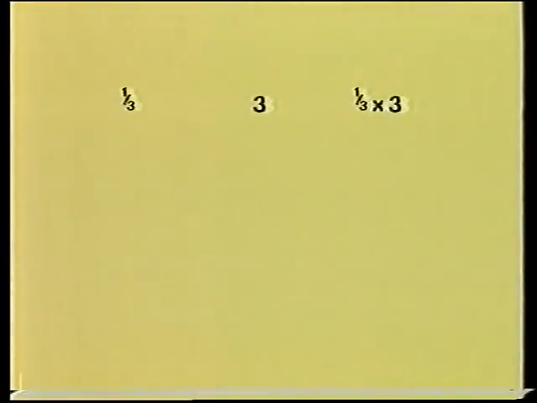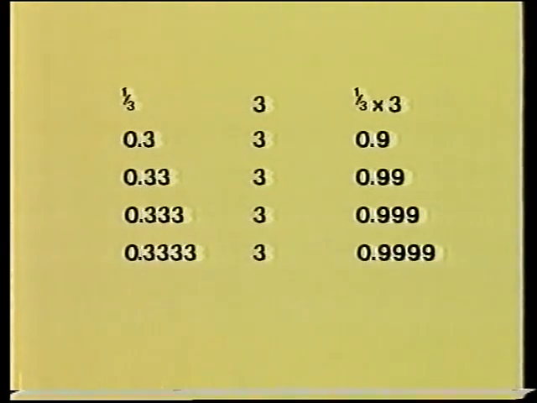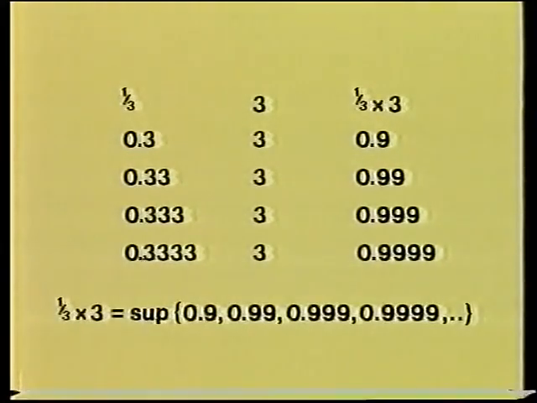So the sequence of products is this: 0.9, 0.99, 0.999, and so on. So the product of 3 with a third, using this method of multiplying, is the least upper bound of all these numbers, 0.999 recurring. But of course, 3 times a third is 1. So for consistency, 0.999 recurring has to be 1 as well, as we said earlier.